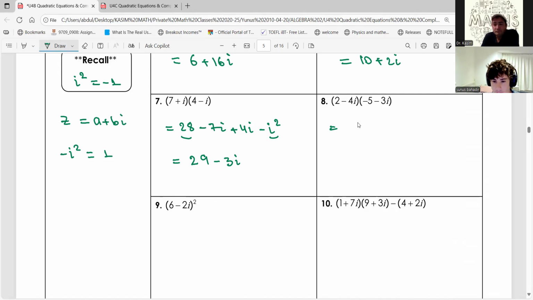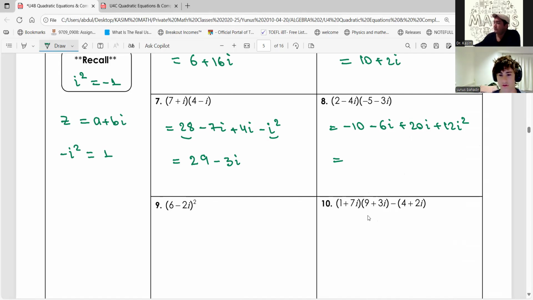Negative 10, minus 6i, and then plus 20i, and then plus 12i squared. Okay, now simplify, keeping in mind that i squared equals negative 1.